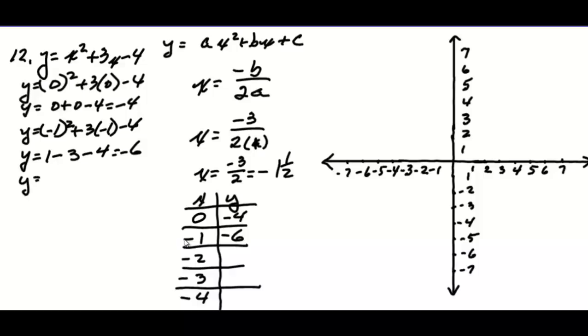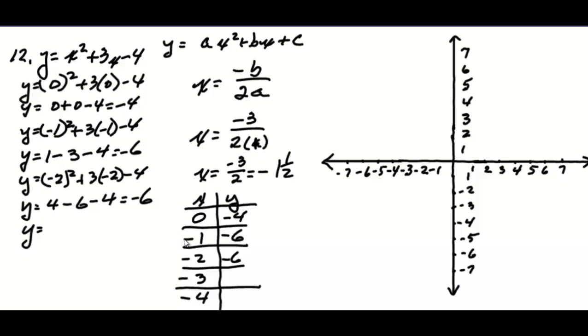In the third one, y equals -2 squared plus 3 times -2 minus 4. Y is equal to 4 minus 6 minus 4. So y then is equal to -2, 4 combined with -6 makes it -2, minus 4, that equals -6.